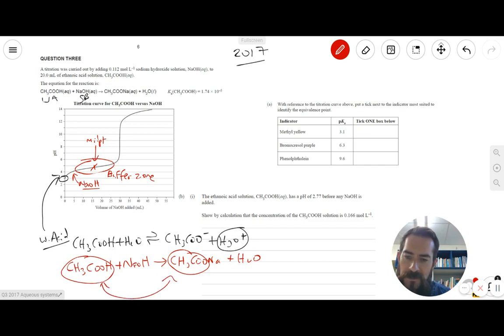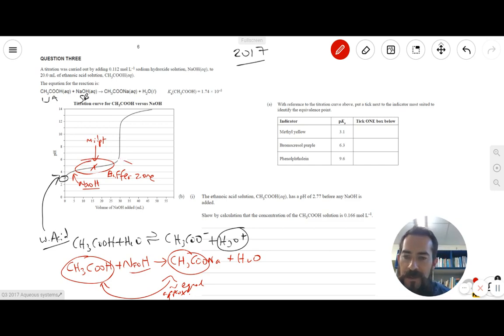So if these amounts are approximately equal, this little line is an abbreviation for approximately, in case you didn't know. And if you have equal amounts of those two components, you have a buffer system, and that's why it buffers against the addition of any strong base for that period of time.